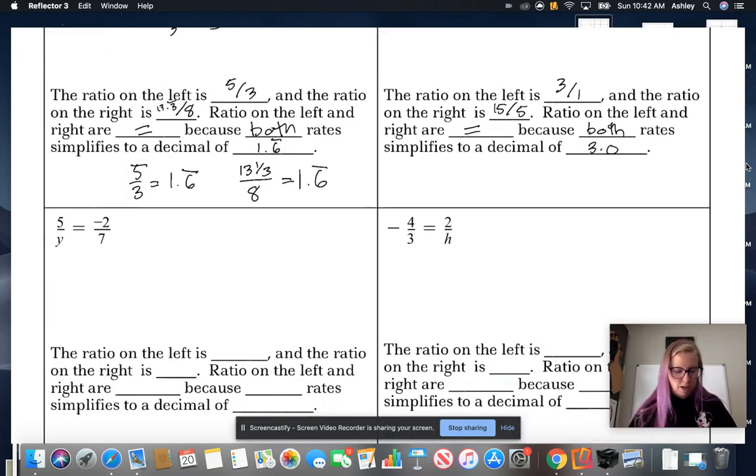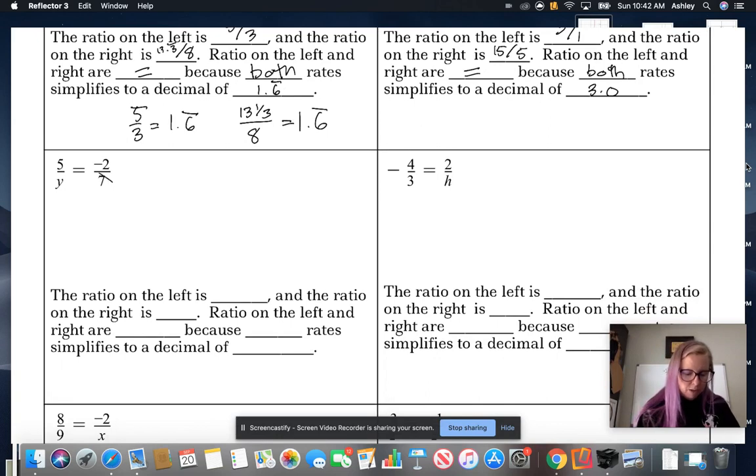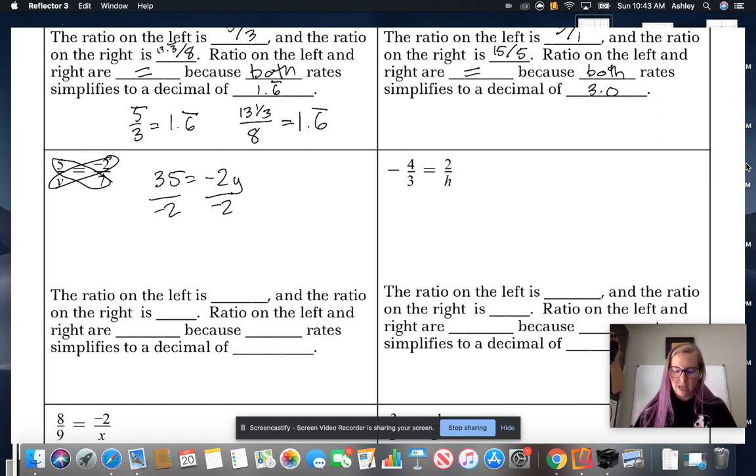All right, here we go again. So now we're going to cross multiply. We get 5 times 7, 35, equals negative 2 times y, negative 2y. Now we divide by negative 2 on both sides, and we get negative 17.5. Y equals negative 17.5. The ratio on the left is 5 over negative 17.5.